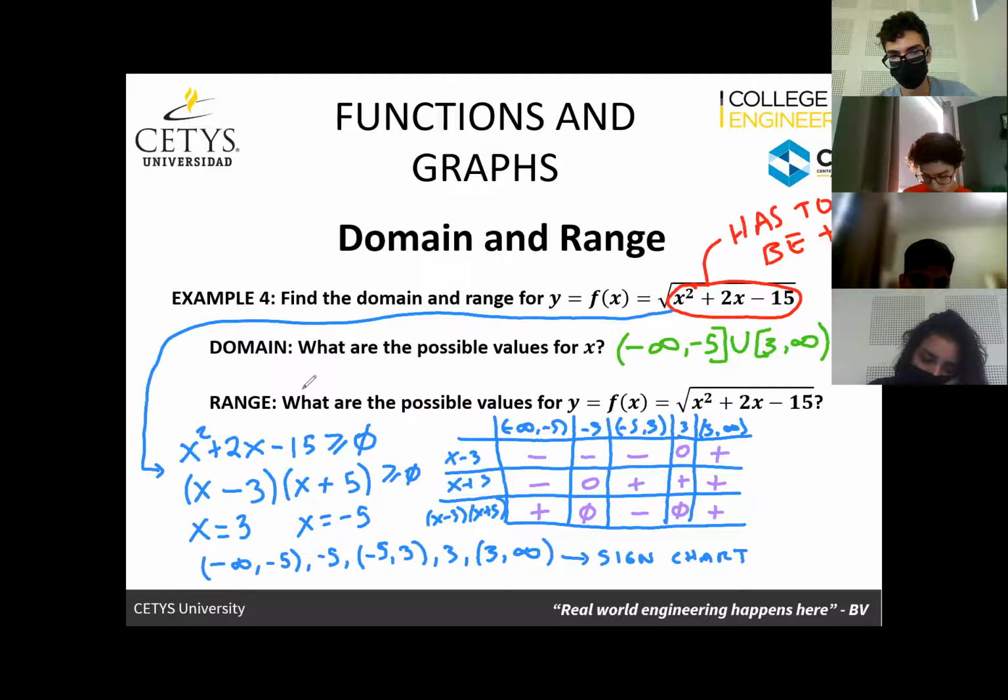Remember, the range is all of the possible values of y for the domain that we just established. So if we substitute these values here, what are going to be the values of y? How do you think we could approach that, looking at the function that we have?